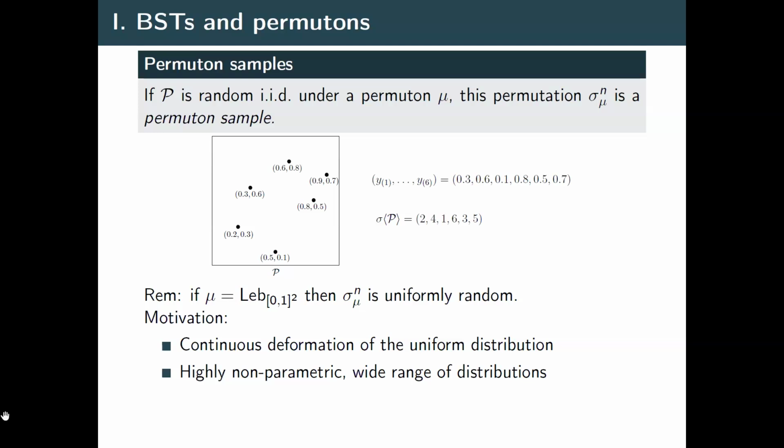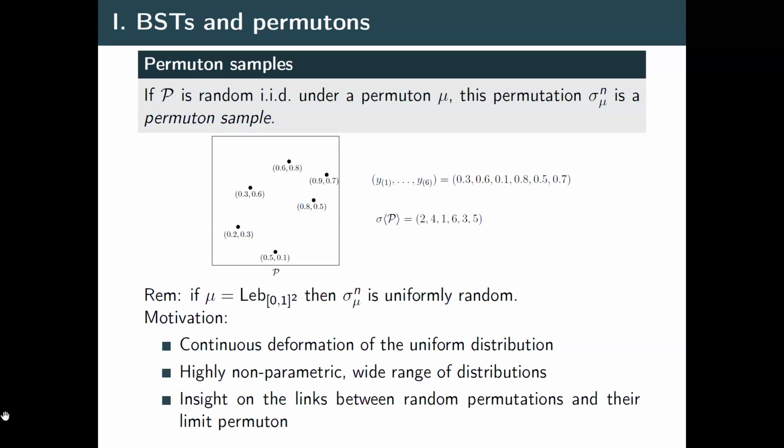And this is quite nice because we have a unified way to study all of them with this geometric approach. And we can prove very general things for permuton samples, which gives us results for a very wide family of random permutations. And also, in some sense, you may justify informally that this family of random permutations is dense in the whole family of random permutations.